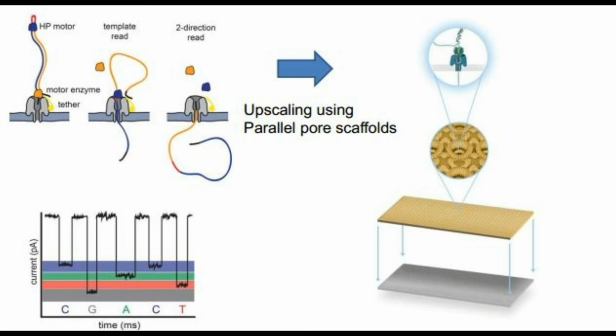Finally, we have come to the development of fourth generation technologies, which are non-enzymatic and are single molecule sequencing. So this is the idea of nanopore sequencing. Here, a nanopore protein is inserted in an electrically resistant membrane, and a potential is applied across the membrane.